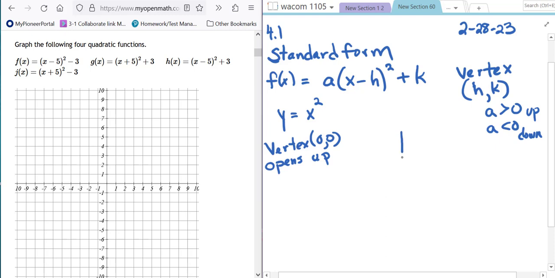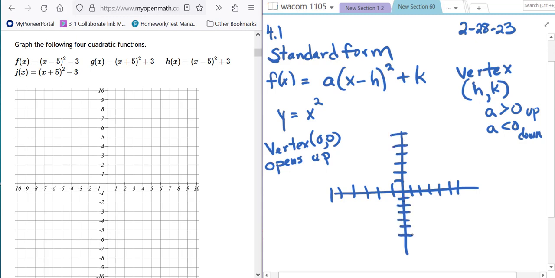Let's draw our standard one. We're using a 5 here, so I better get 6. Our standard one is (0, 0), then (1, 1), because 1 squared is 1, and (2, 4), because 2 squared is 4. It flips across. This y-axis, x equals 0, is your axis of symmetry.